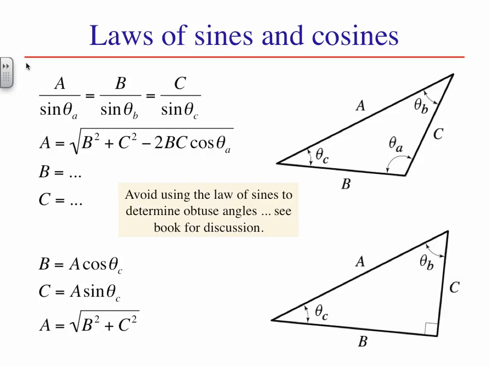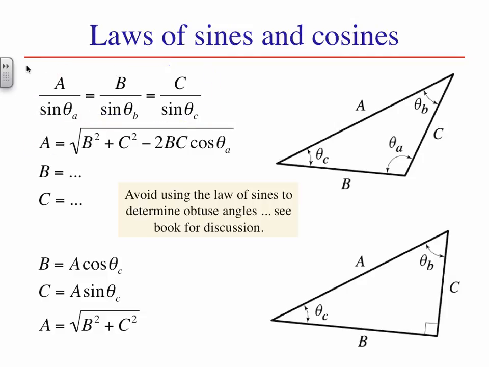Before proceeding further, we'll remind ourselves of a couple of relationships from geometry and trigonometry that we'll use repeatedly. You will not be asked to prove or derive these expressions, although it doesn't take a great deal of work to do so. Given a triangle of arbitrary shape and sides of length A, B, and C, and angles opposite those sides of theta A, theta B, and theta C respectively, we have these two laws, the law of sines and the law of cosines.